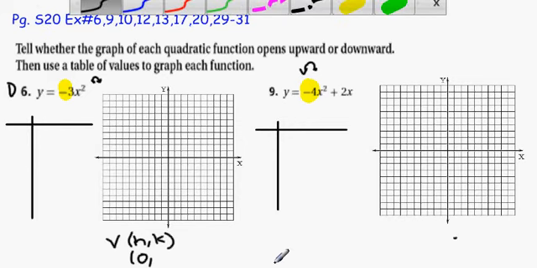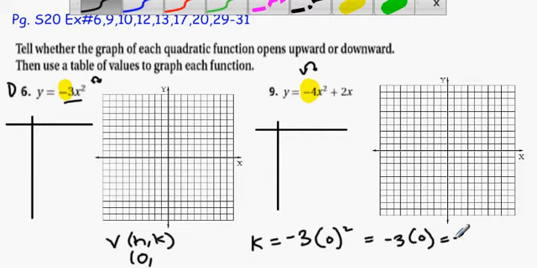So here I have k equal to negative 3 times 0 squared. All we're doing is taking this expression and replacing the x with the x coordinate of the vertex. So this turns out to be negative 3 times 0, which is 0. So our vertex is 0, 0.